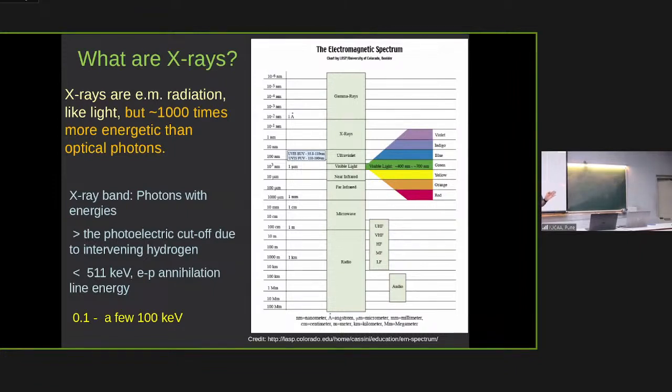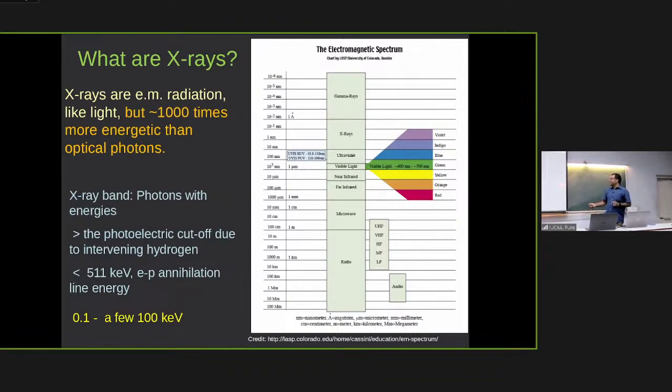So the X-ray band is defined, generally taken, from a fraction of a kilo electron volt to several hundred kilo electron volts. Some people would like to define the X-ray band as starting at the photoelectric cutoff of the intergalactic hydrogen, the hydrogen ionization energy of 13.6 electron volts. And the X-ray photons have energies less than about 500 kilo electron volts, which is the electron-positron pair threshold.